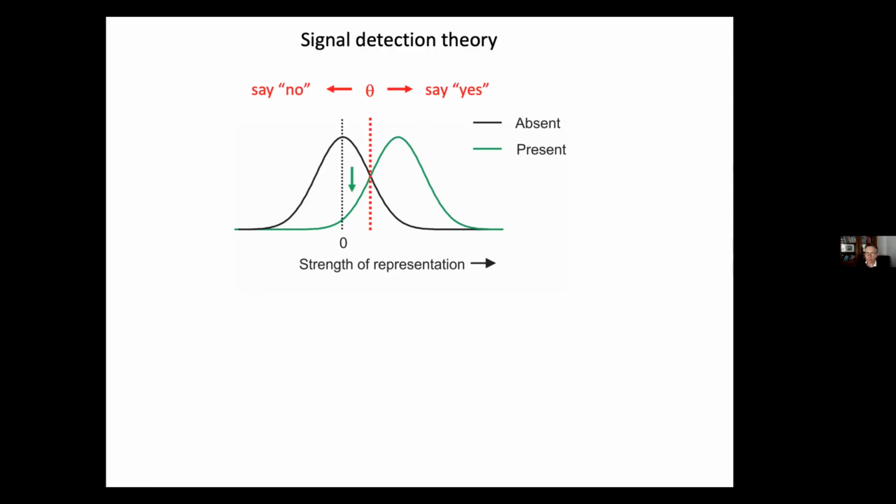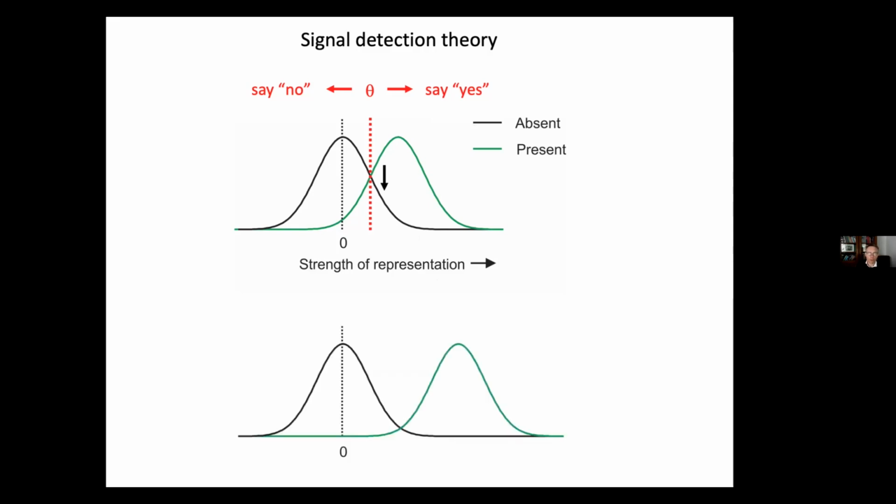Now, if there's no stimulus, then you're sampling from a distribution that is shifted to the left. Typically you would stay below the threshold, and that's what we call a correct rejection. And sometimes, also because of the noise in the system, you might cross the threshold, and that's what we call a false alarm, sort of a hallucination of a stimulus that was not there.